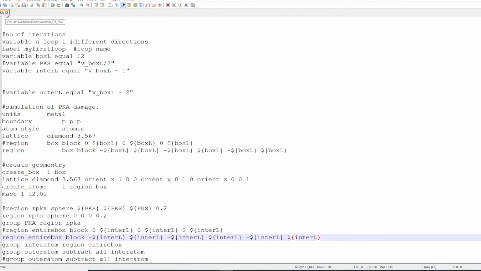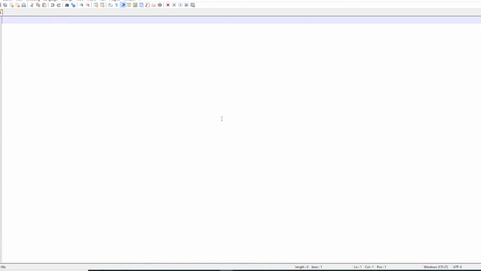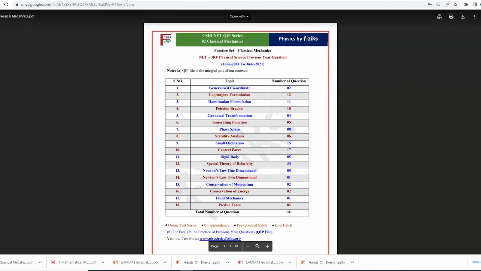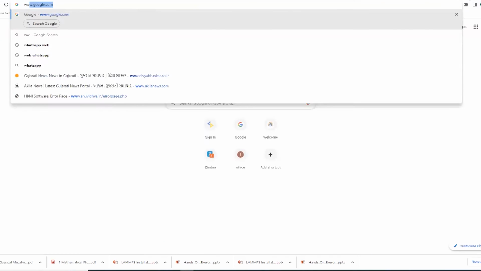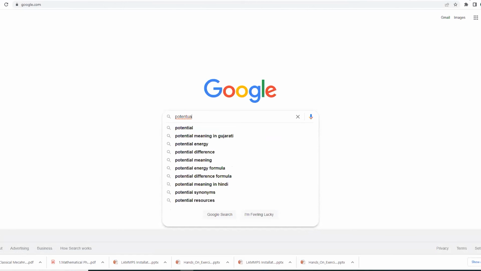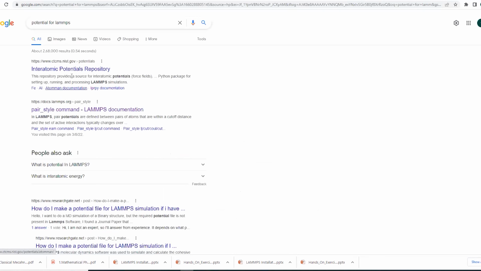And if the potential is not there in the folder, you can download the potential also. There are different repositories online. Like, I'll show you. Potential for LAMMPS.